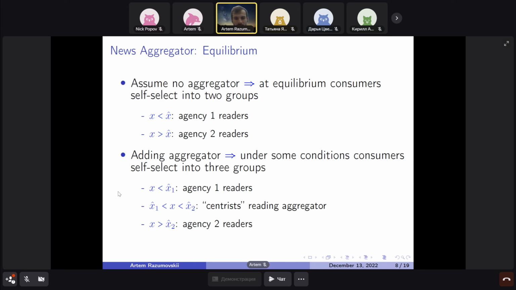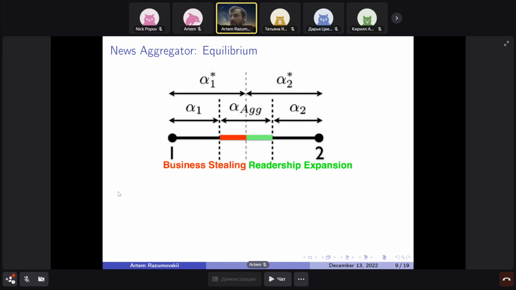That's correct. Let's move to the next slide. It's a picture. At the top of the picture you have alpha 1 star and alpha 2 star. The indifferent agent is here in between, so we have two groups. Then we move to the case with the aggregator.